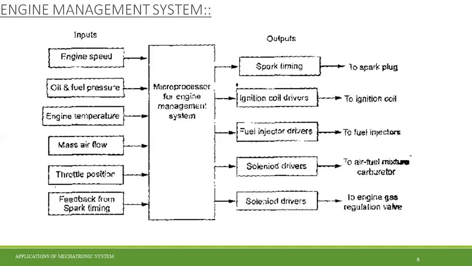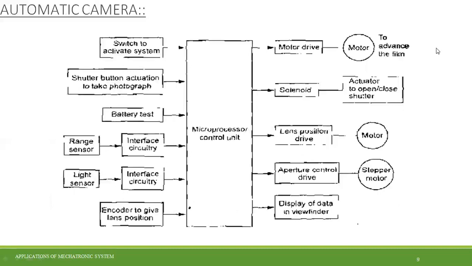Even mass flow of air, throttle position, and feedback are all given as inputs to the system. How much fuel needs to be consumed is calculated by the microcontroller, and the controller gives actions to the microprocessor of the engine management system to get the required output conditions.